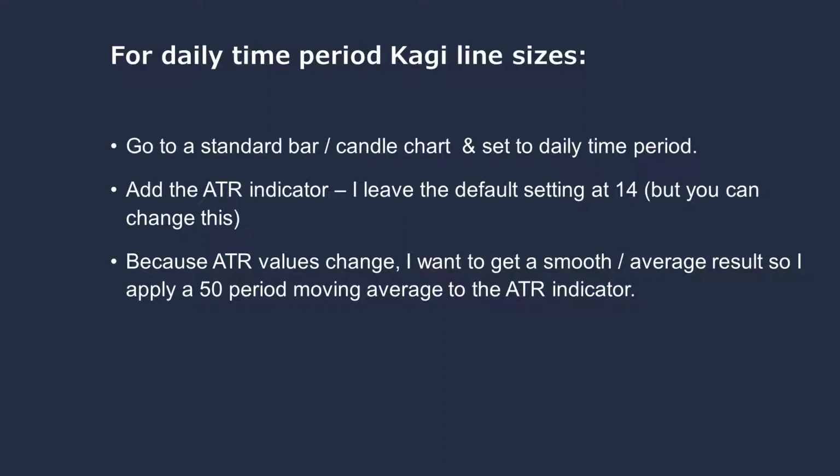I've left the default setting at 14, but you can change this, and because the ATR value changes, what I want to do is smooth out that volatility just a little bit so I can get a more consistent volatility, because you might have some days that spike and are not a good example of what historically happens. So I use a 50 period moving average on top of the ATR indicator to get my number.